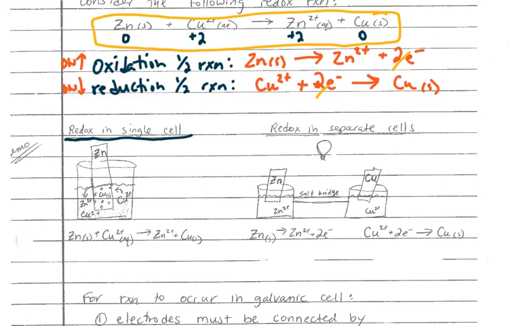Okay, so we could do this reaction all in a single container, a single cell, where we have a cup that contains some zinc ions and copper ions, where we put some salt and water, and then we can have a strip of solid zinc that we put in there. What this is representing, this solid zinc metal, represents the zinc, and what we have in solution here is a solution of copper ions, some copper salt that we dissolve in water.